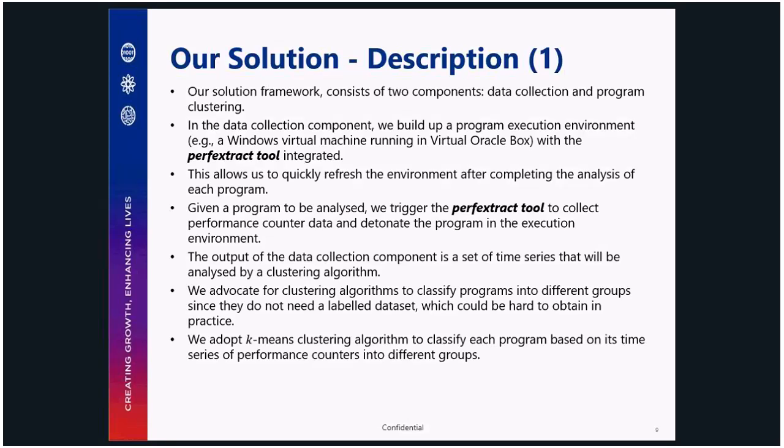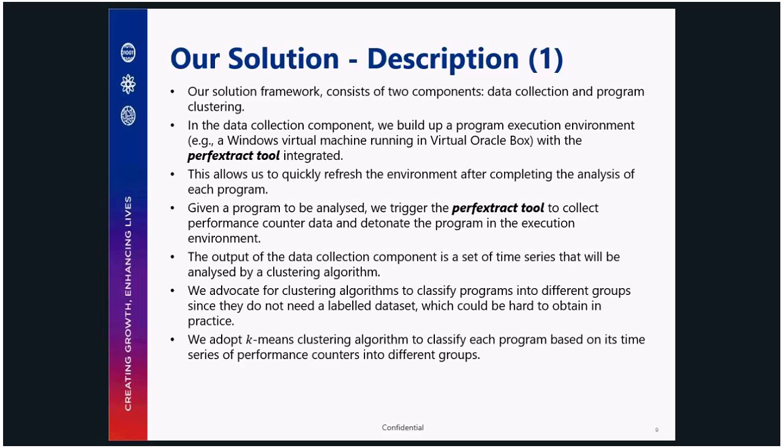So this perfect struct tool starts extracting, and after the tool is triggered, we detonate the program, so that the behavior of the program right from its detonation is captured. So we see the redundant values in the first interval, and then we remove that.